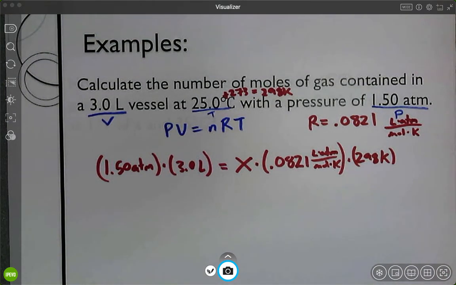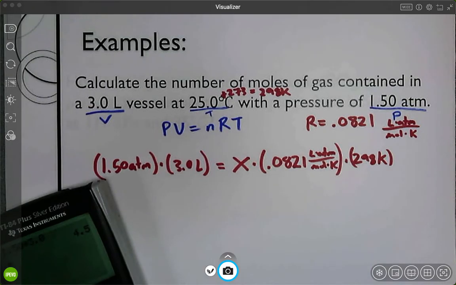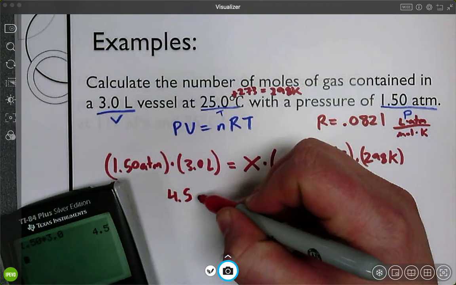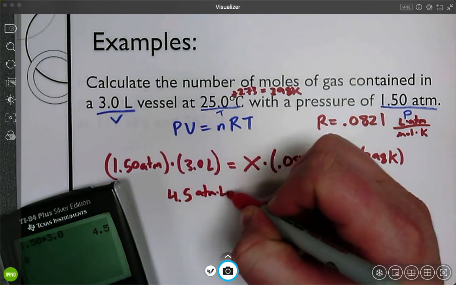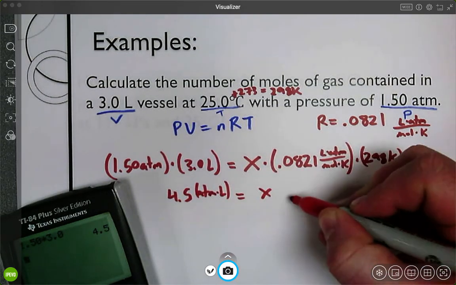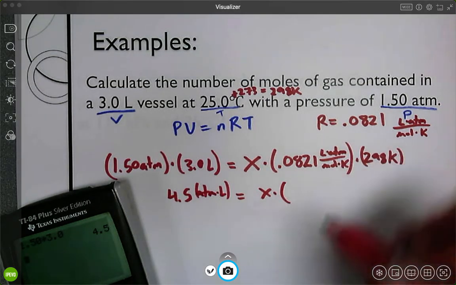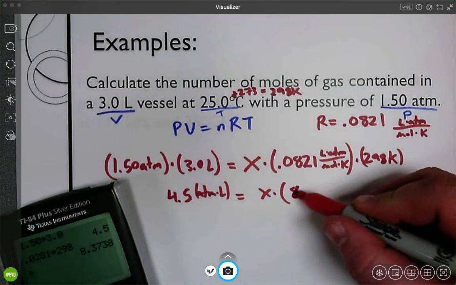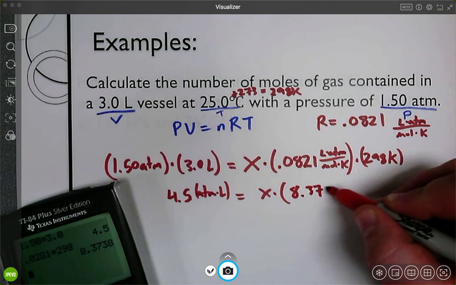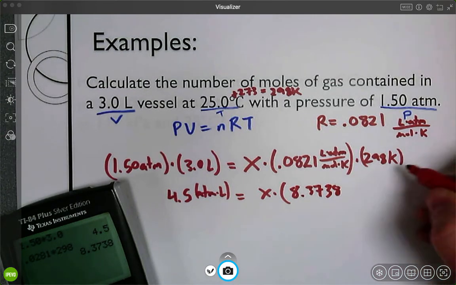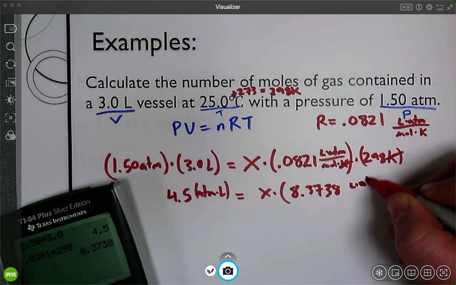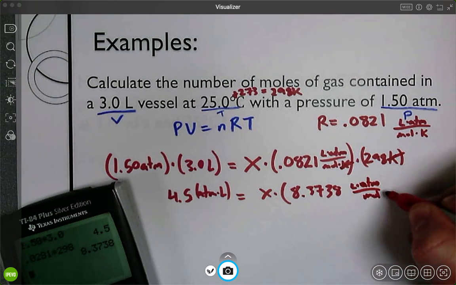This side would simplify to 4.5 atm times liters. This side would simplify to 0.0821 X times 8.3738, and Kelvin here would cancel, so it would be left with liters atmospheres over moles.